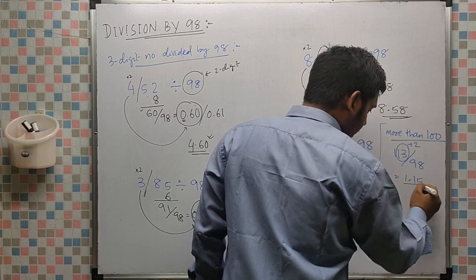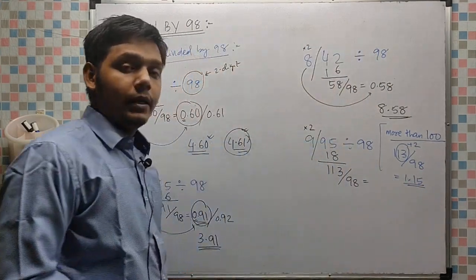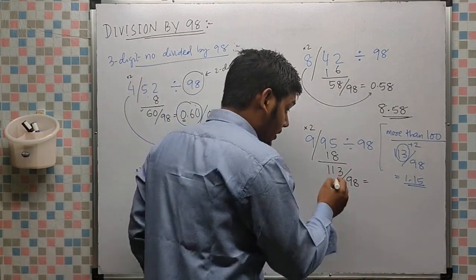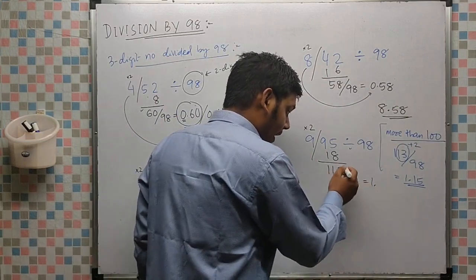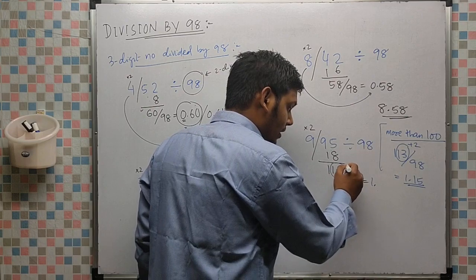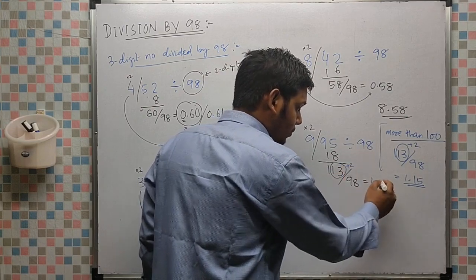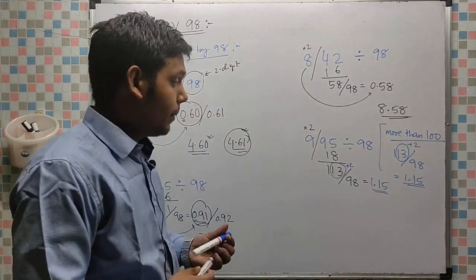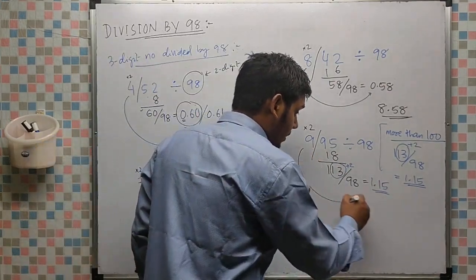That means 13 plus 2, how much? 15. So 1.15. So what I have done? 1 point, last 2 digits 13 plus 2, that is 15. So 1.15. Now you have to add this one and this one.